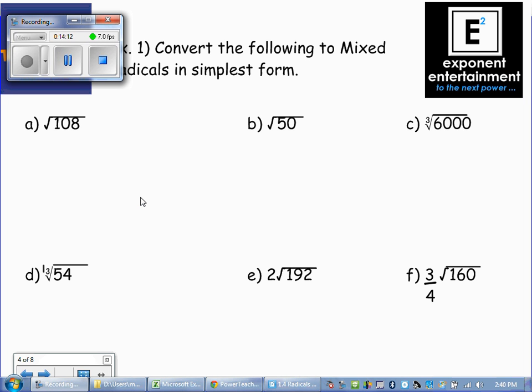Okay. This 2. Keep it in front all the time. The square root of 64 times the square root of 3. Where did that 3 come from? Michael got it from going 192 divided by 64. How did he choose 64?